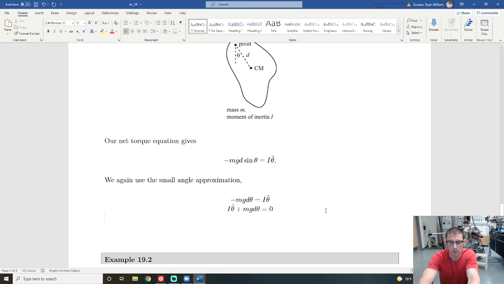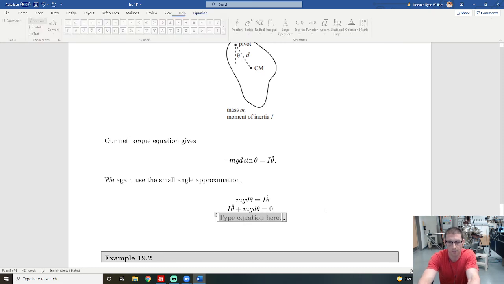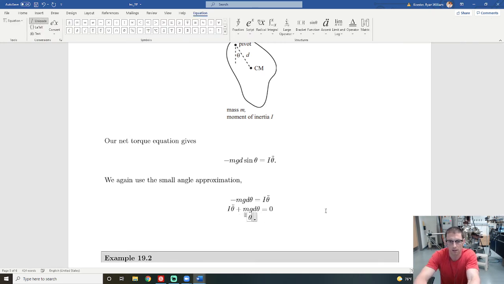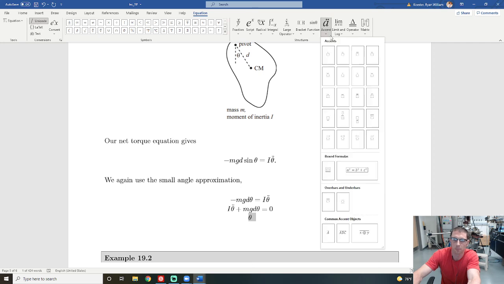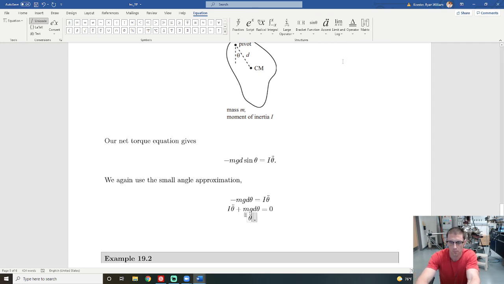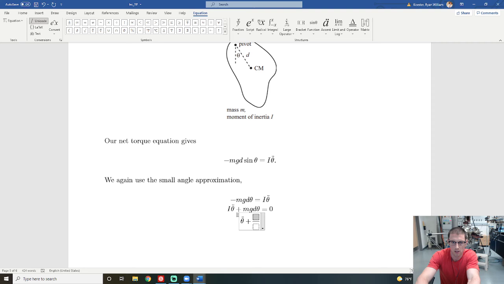And then we finally want to divide everything by I, and we'll get that theta double dot plus mgd divided by I theta equals 0. And then one more thing, right?